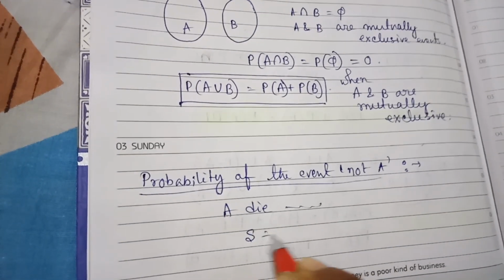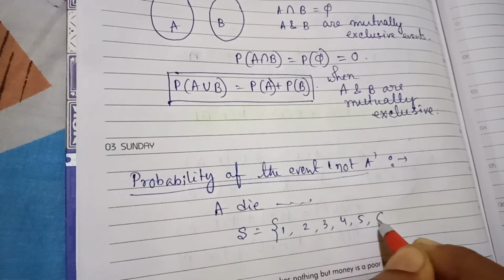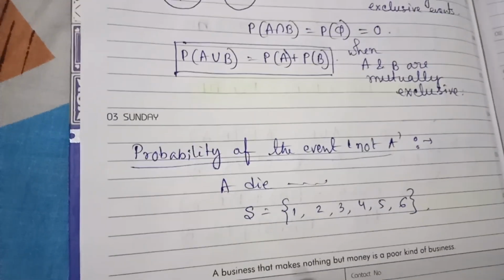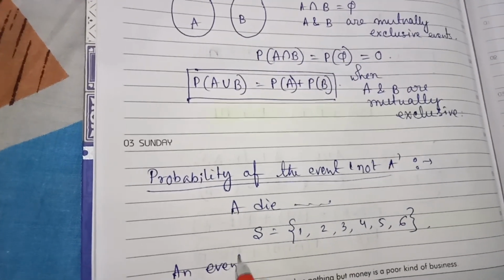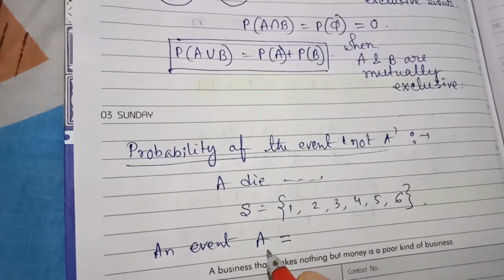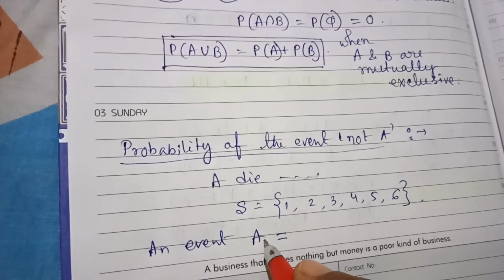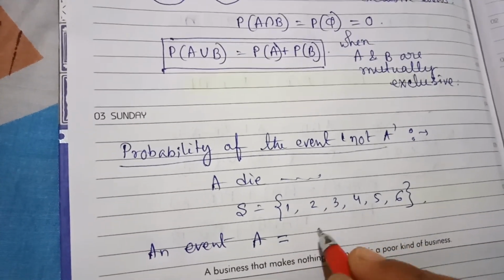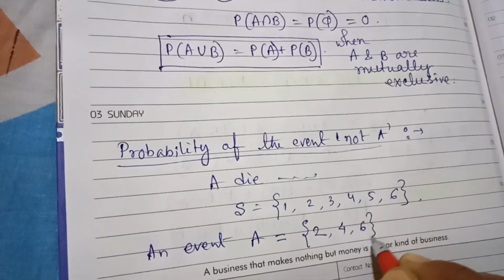So sample space will be 1, 2, 3, 4, 5, 6. Let us take an event A. Event A is to get even numbers only. That means it will be 2, 4 and 6.